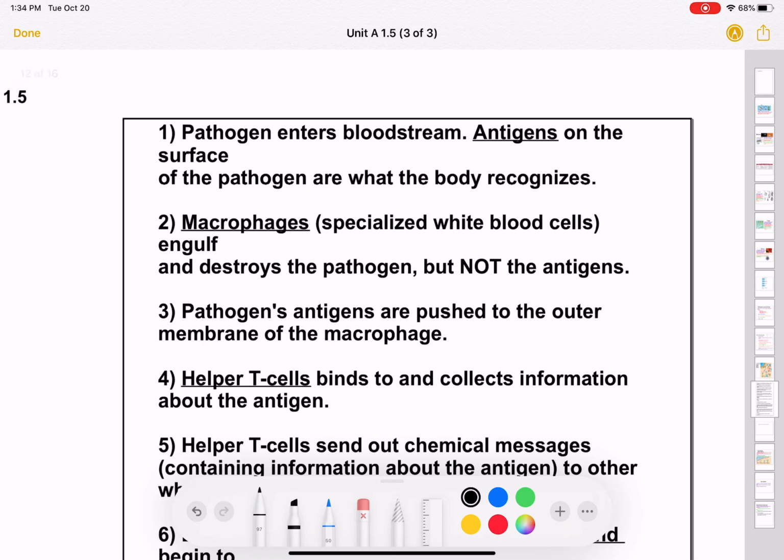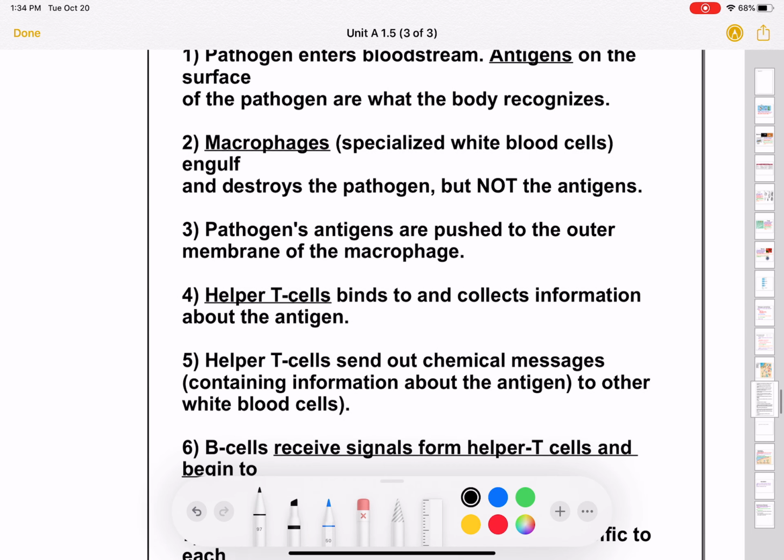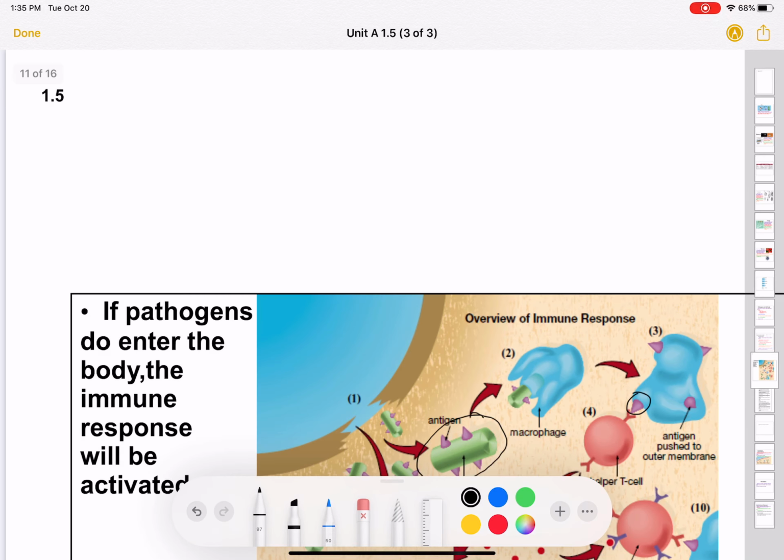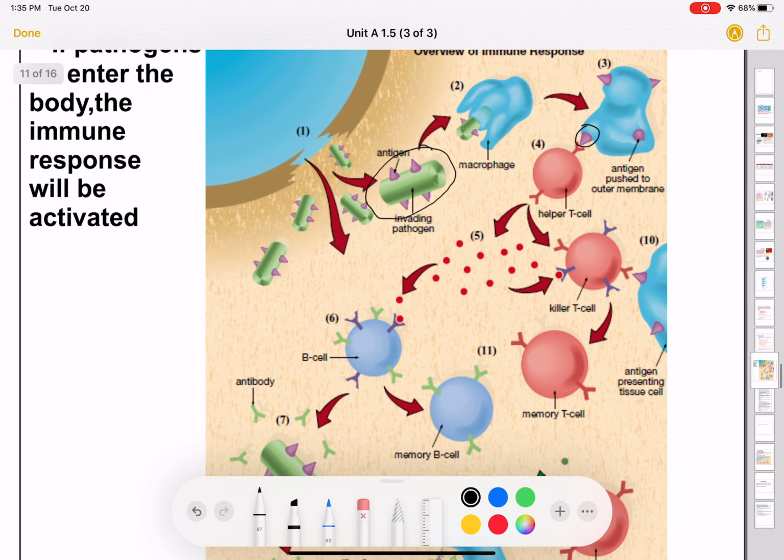In number 5, it says helper T cells send out chemical messages containing information about the antigen to the other white blood cells. And then the B cells receive the signal and begin to multiply. So these little chemical messages come out of the helper T cell, and they get sent to the B cell to tell the B cell to make a whole bunch of themselves.